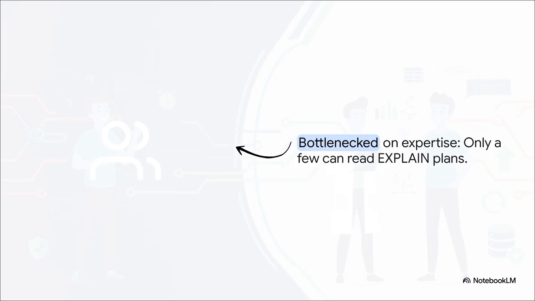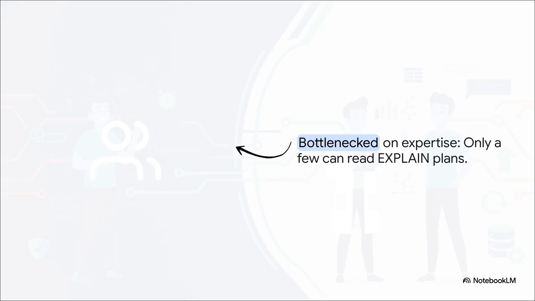But here is exactly where the traditional debugging process totally breaks down. Diagnosing a slow query usually means you have to run an explain plan in Postgres. And if you've ever looked at raw explain output, you know it is unbelievably dense. It takes deep, highly specialized expertise to manually reason about index behaviors, or disk spills, or node costs.